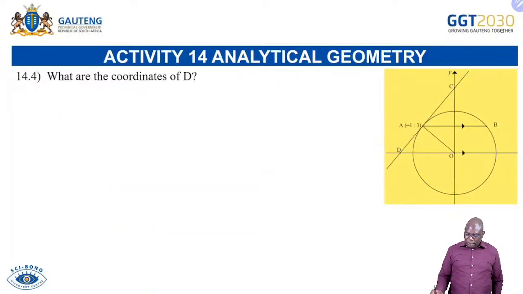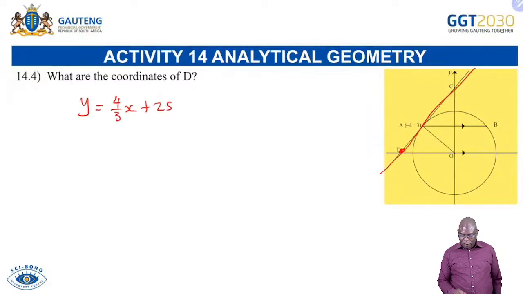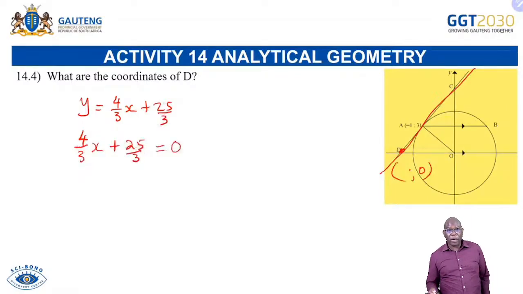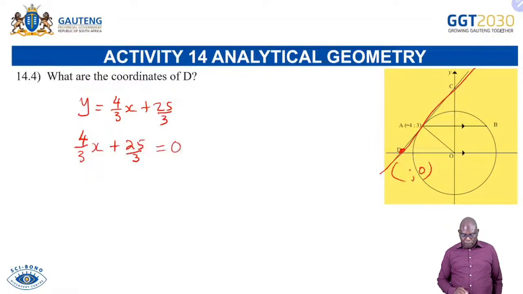Now the last question says D. Isn't it that I know the equation of this line here, which is y equals 4 over 3 x plus 25 over 3. Now for me to get the coordinates of D, I already know that the y value is 0 at that point. So I'm going to put a 0 on the y, so that I can solve for x. My x must be negative, otherwise I am wrong.